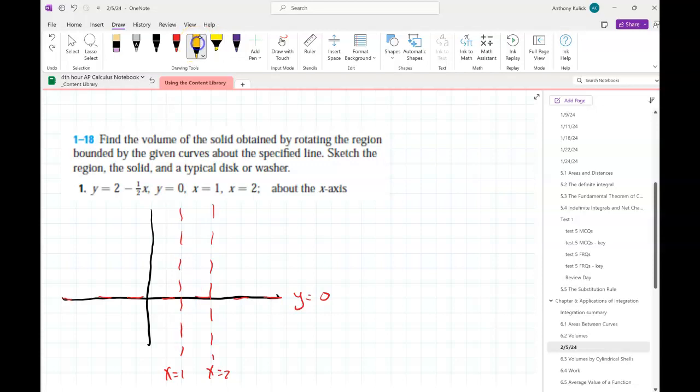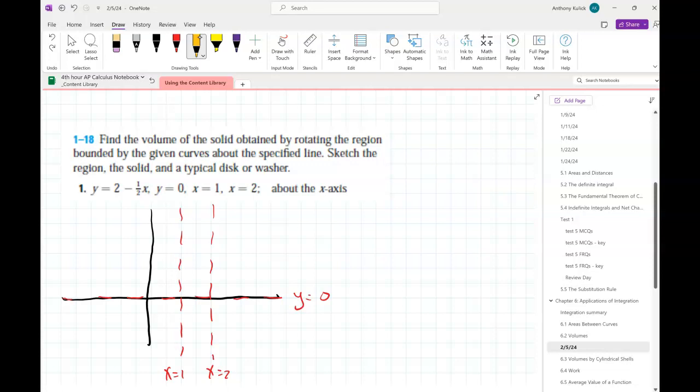Okay. So to graph, what kind of curve is y equals 2 minus 1/2 x? Linear. How many points do I need? 2. What x value should I pick to get the points? 0 and 1? I would not do that. 1 and 2. Oh, okay. Why 1 and 2? Because those are the boundaries of my curve, right? I only care about it between 1 and 2.